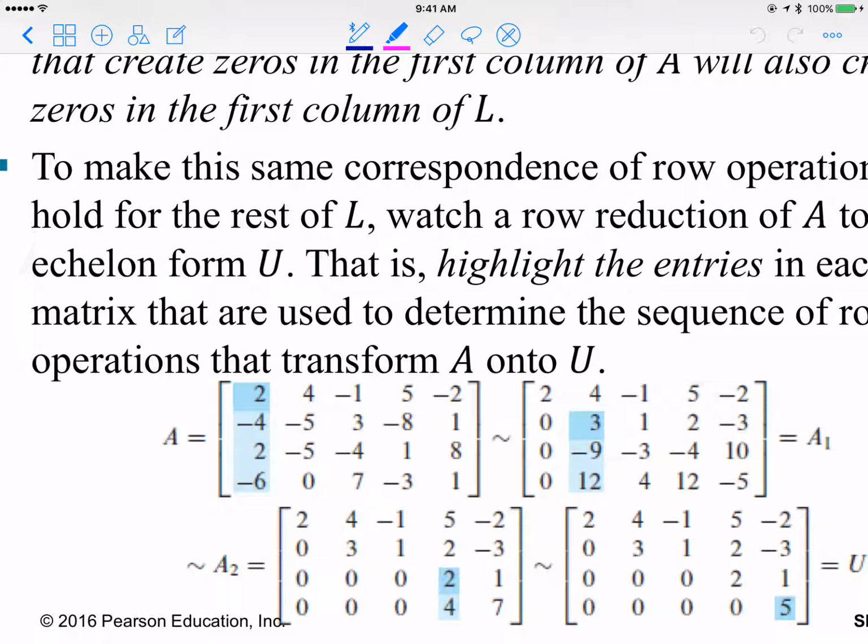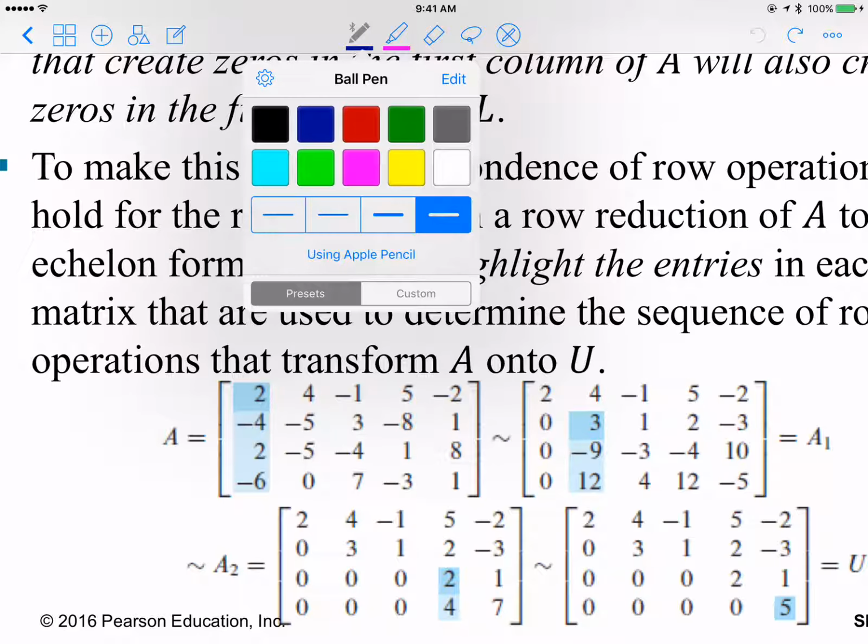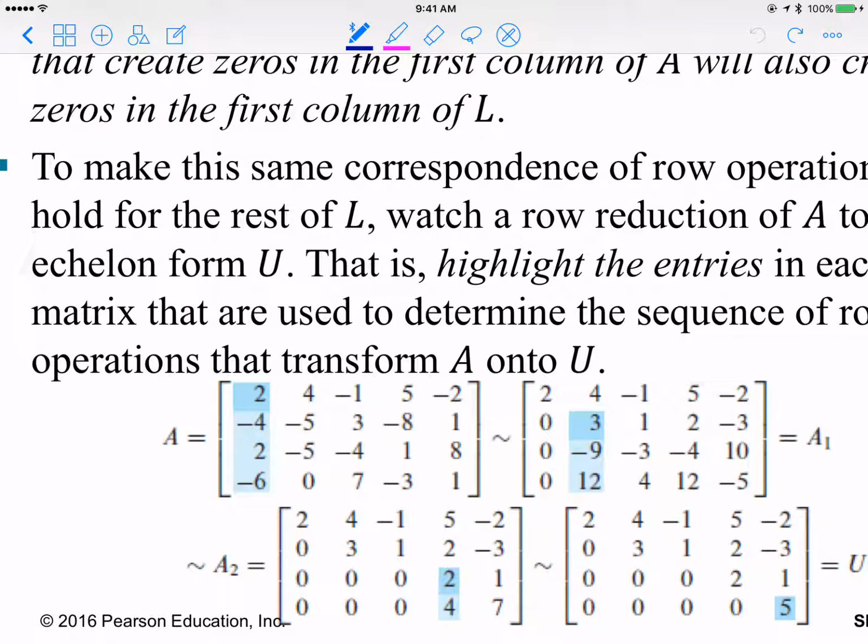So suppose you are given this matrix. In this matrix, there are many possible different sequences of applying row replacement. But we always follow this order.